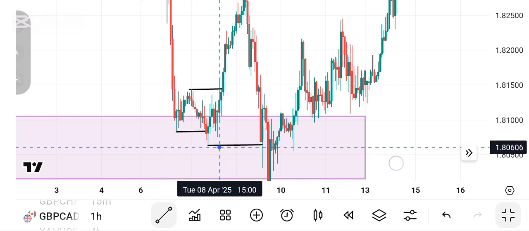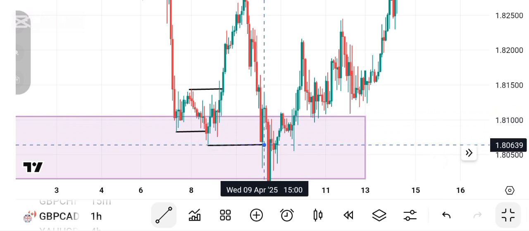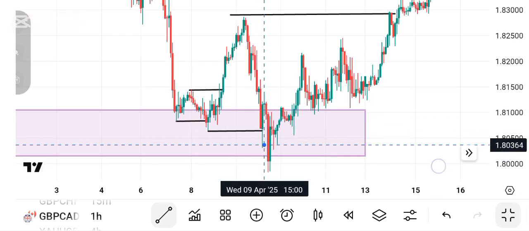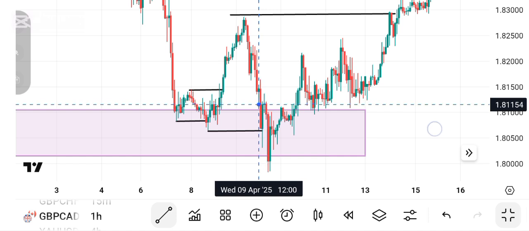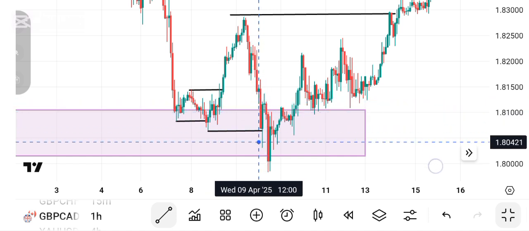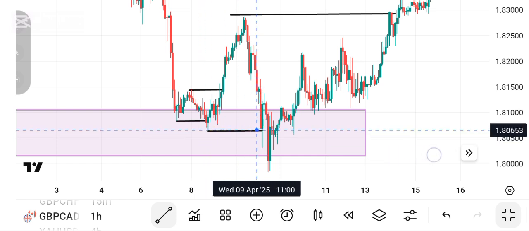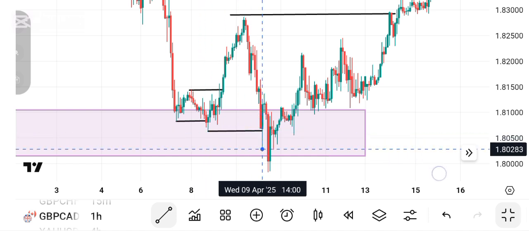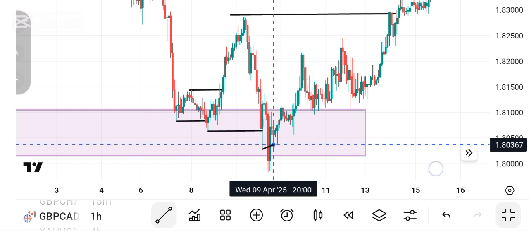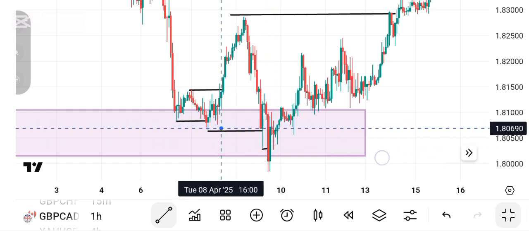Most of you newbies would have marked here as your valid break of structure and then come here again and mark here as a valid break of structure, which is very wrong.